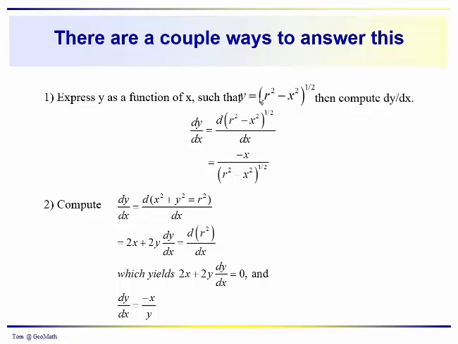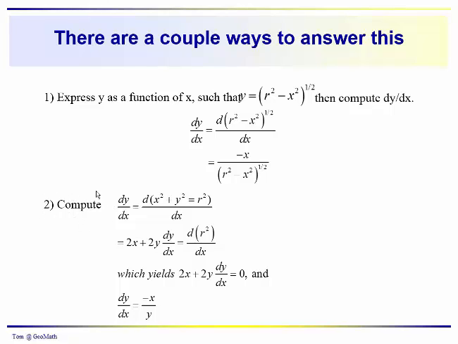But then we would rearrange the equation of the circle, solve for y, then take its derivative. And then we'd find that the derivative dy/dx would be equal to minus x over r squared minus x squared to the 1/2 power.